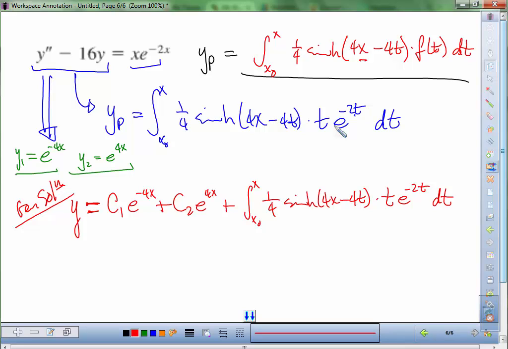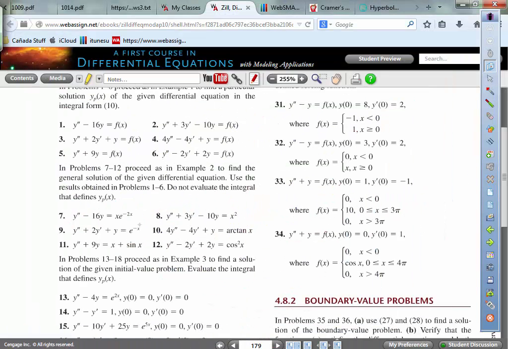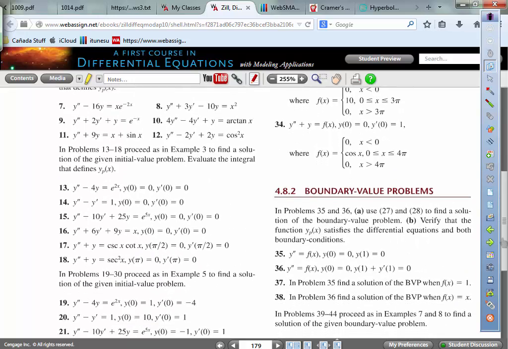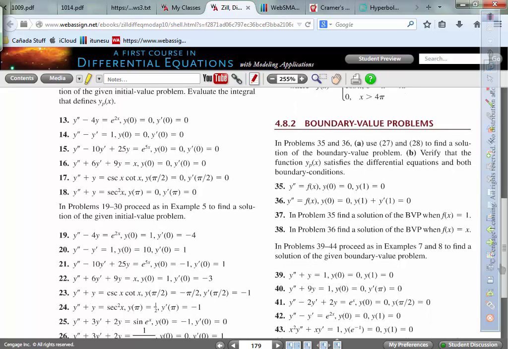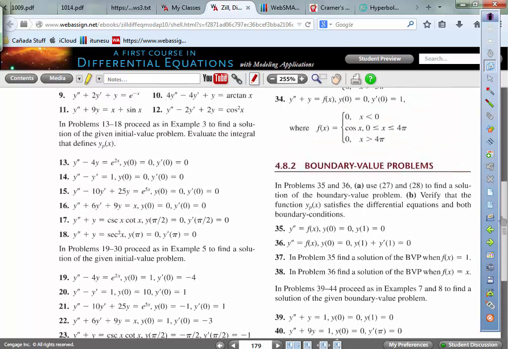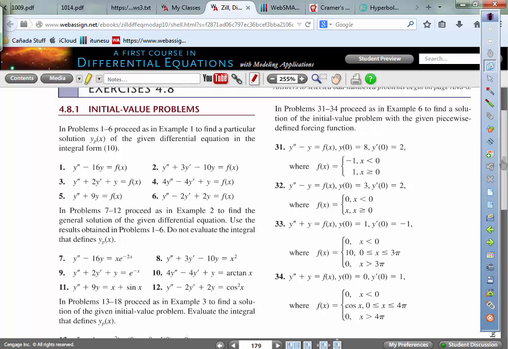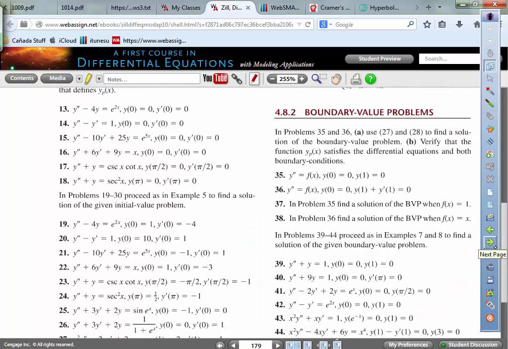So let's see if we got, oh, they use a different function on us. Come on. Why would they use a different function? All right, well, should we make up a problem?